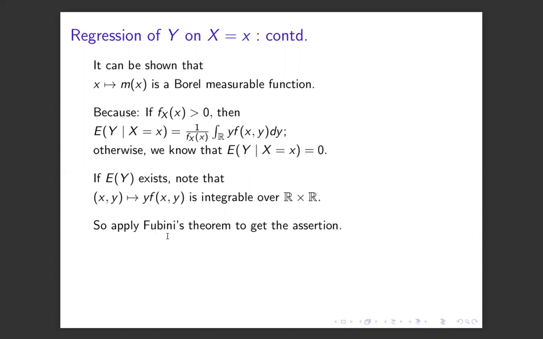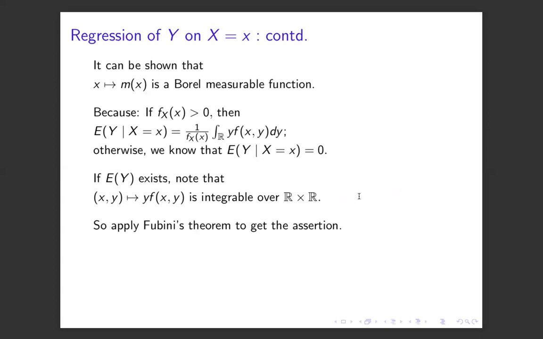Now, Fubini's theorem is a theorem in measure theory which assures that if you have such an integrable function, you can find the integral by iterating the integral. The integral over R cross R will be defined in terms of the Lebesgue measure on the product space.